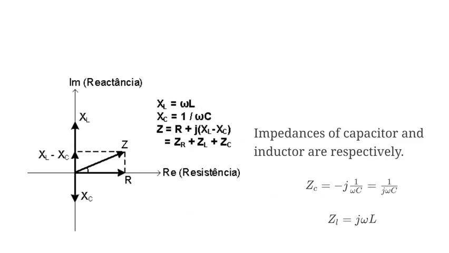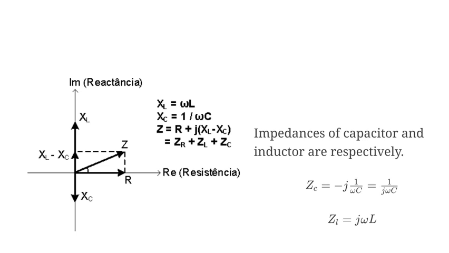Here I have concluded the impedance of capacitor and inductor. ZC is equal to 1 upon j omega C and ZL is equal to j omega L. J is used to represent that these values are imaginary. In the figure, see, R is the resistance.